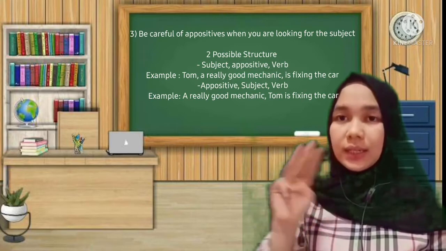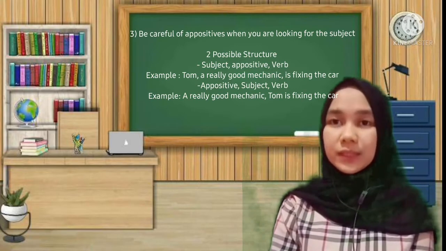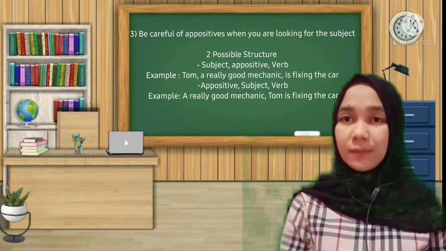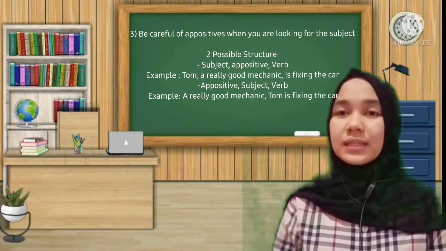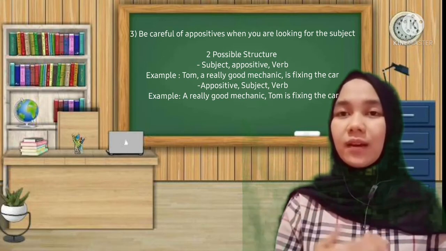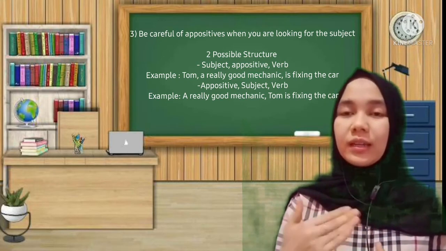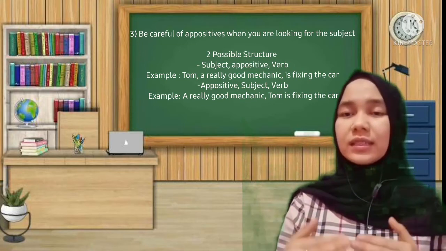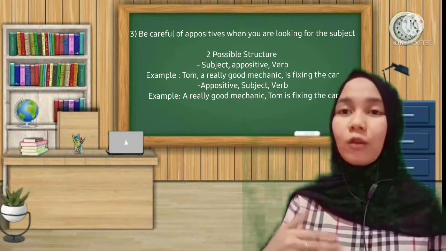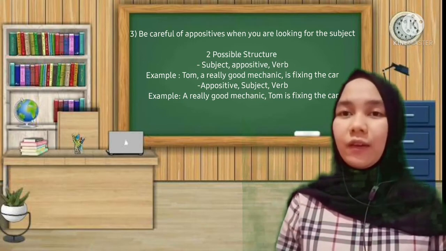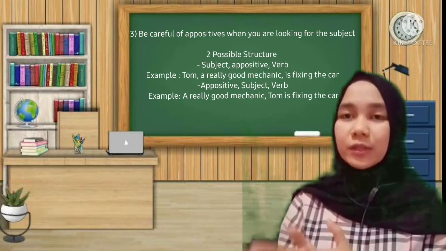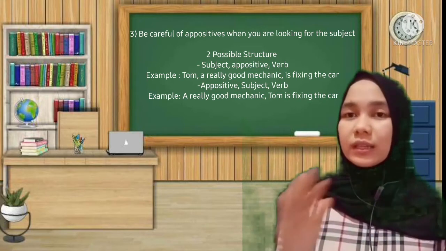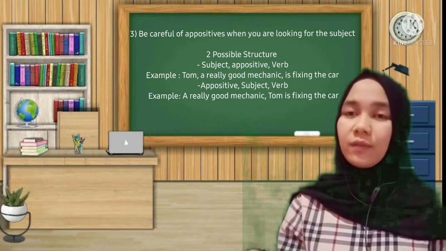Okay, the third is be careful of appositive when you are looking for the subject. Appositive is a noun that comes after or before another noun, and it is generally set off from the noun with commas. If a word is an appositive, it means the word is not the subject.